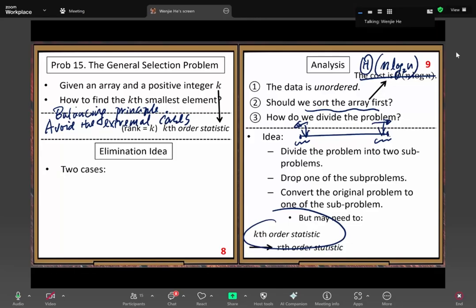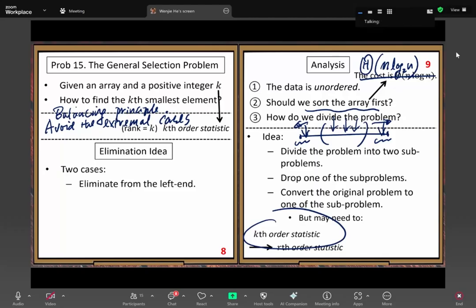So you want to restrict your division somewhere in the middle. Avoid those extremal cases, then you can avoid poor worst case efficiency. That's the basic idea here.